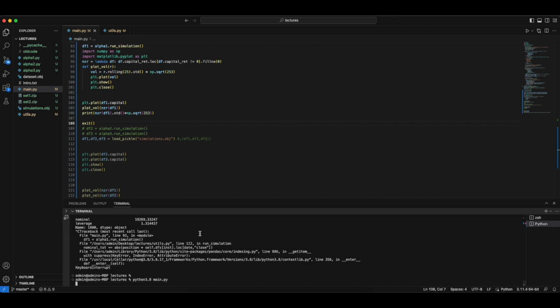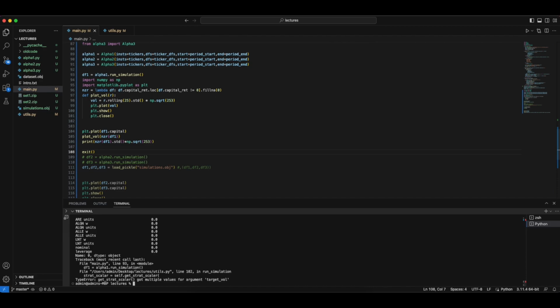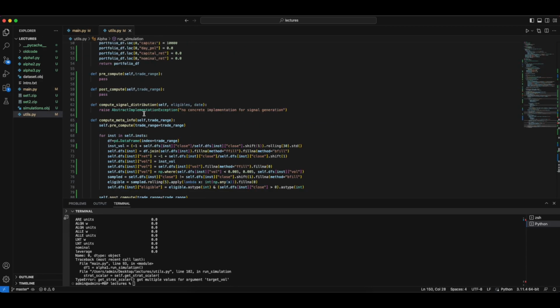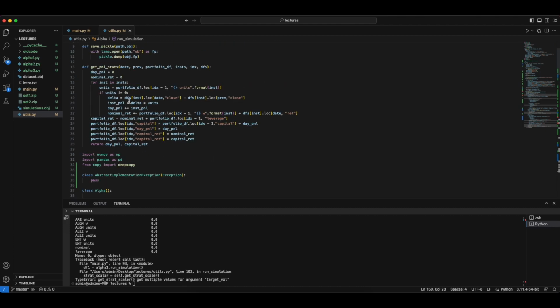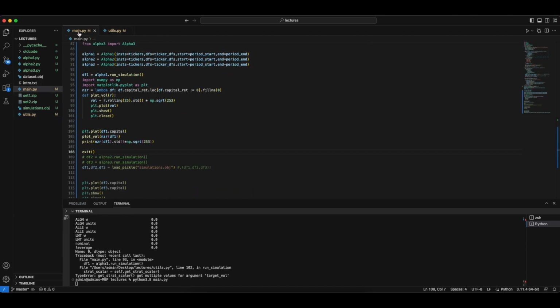We'll see whether this works. Strat scalar. Okay, we need to put on cell here. Let's try it again.